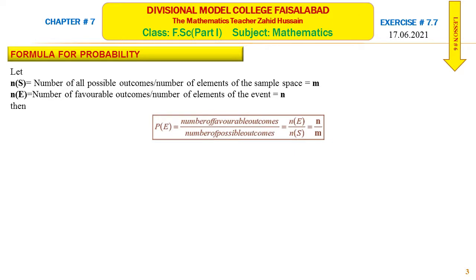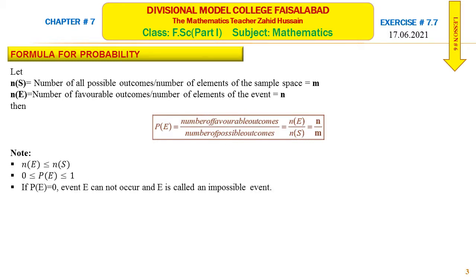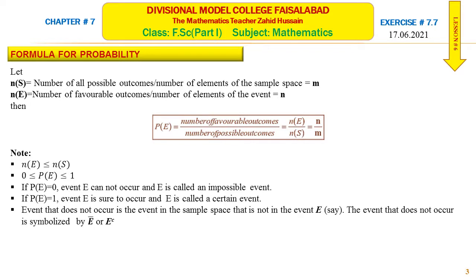The formula is this: probability of E is equal to number of favorable outcomes divided by number of possible outcomes. These are some important points about probability which you have to remember for your MCQs.